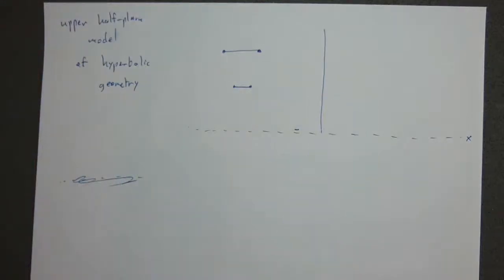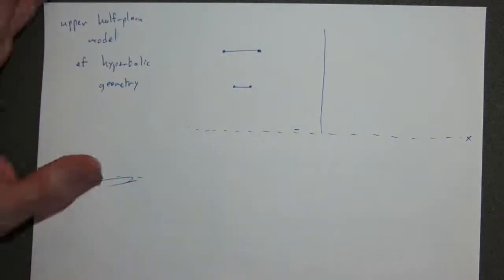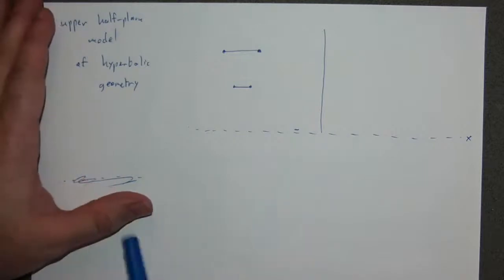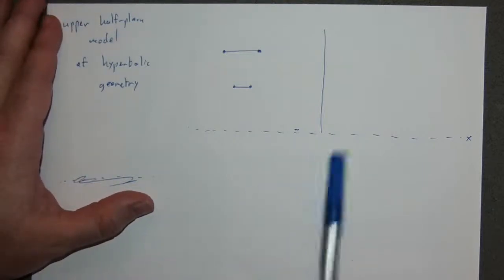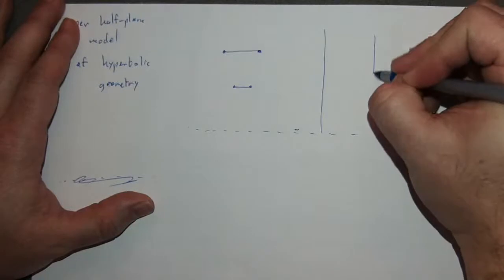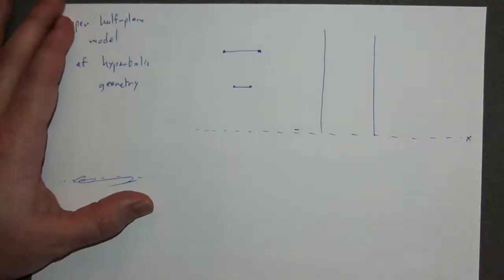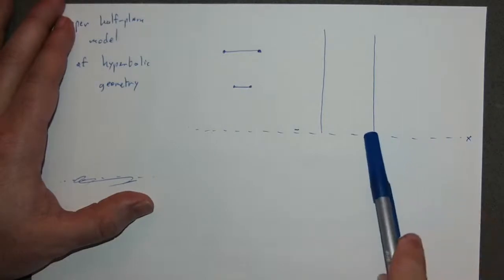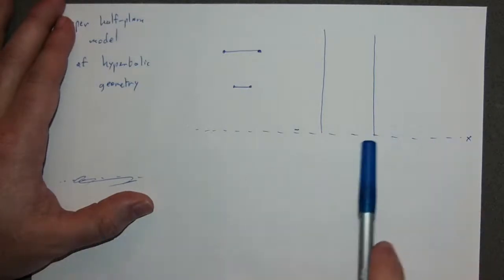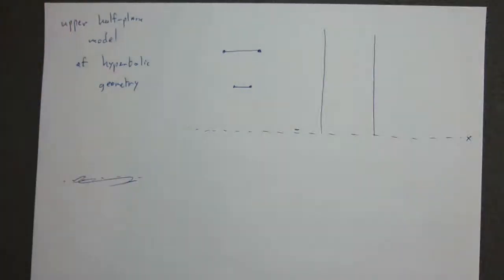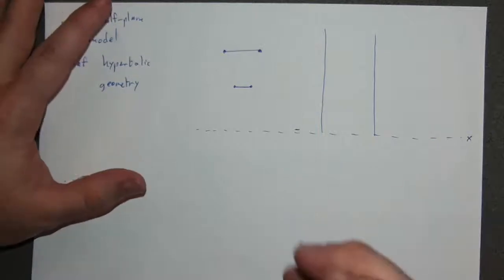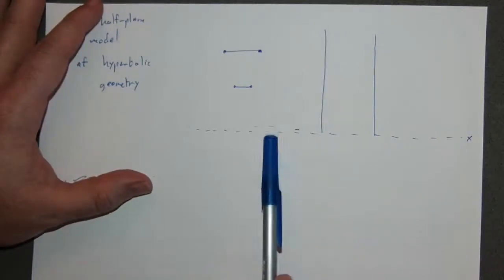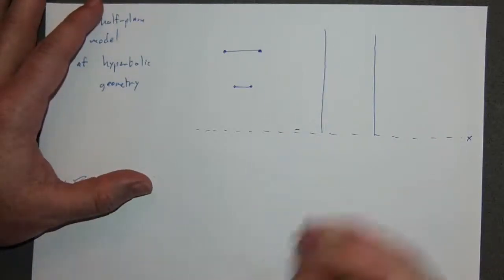What do the lines look like in hyperbolic geometry, in this upper half plane model? The lines are either vertical lines, so that's a line in hyperbolic geometry. This line continues indefinitely because it never reaches the x-axis, and it goes off indefinitely in the positive y direction as well. Another type of line is a semicircle that has its center on the x-axis.